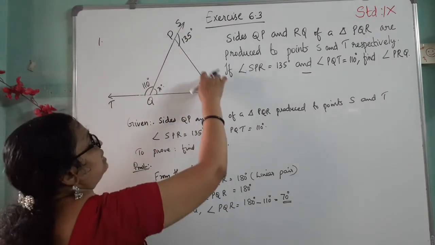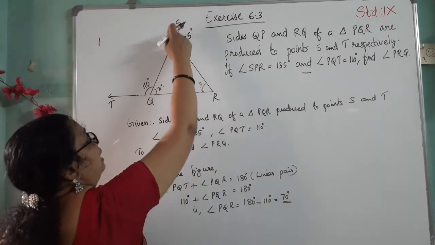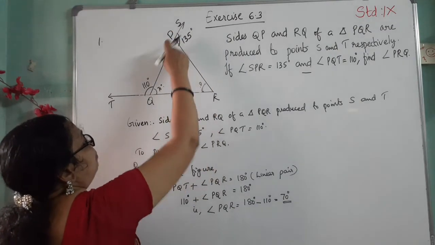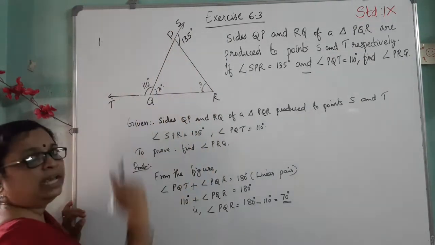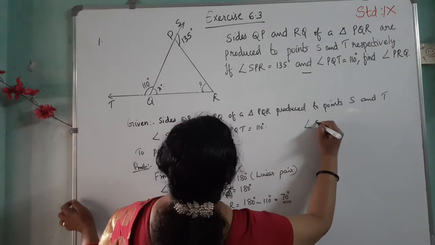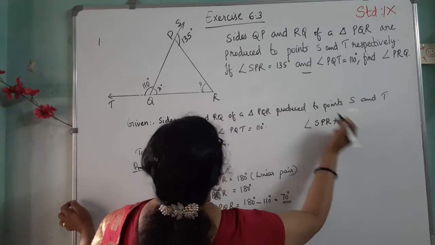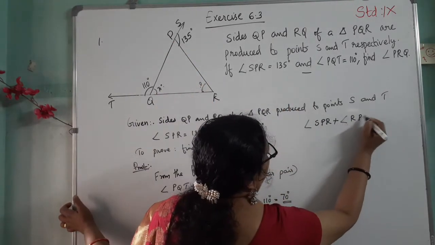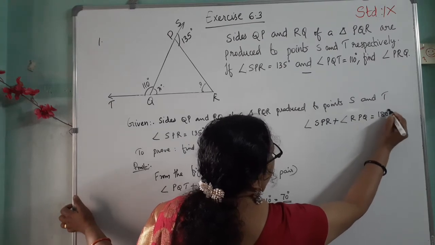Angle SPR is given 135 degree. Then angle SPR plus this angle, that is angle RPQ, there forms a linear pair. That is, next we can write angle SPR plus angle RPQ equal to 180 degree.